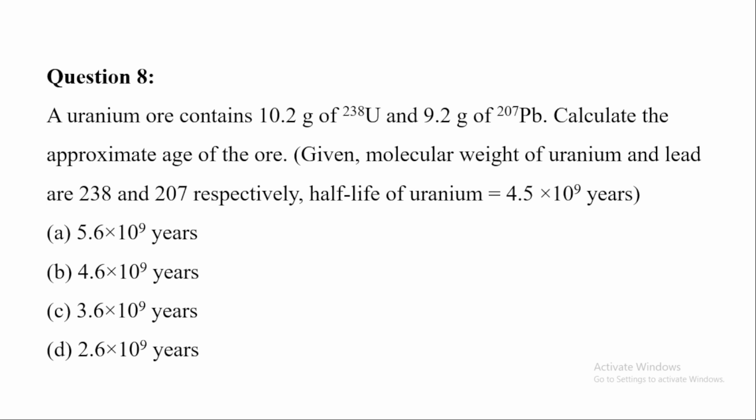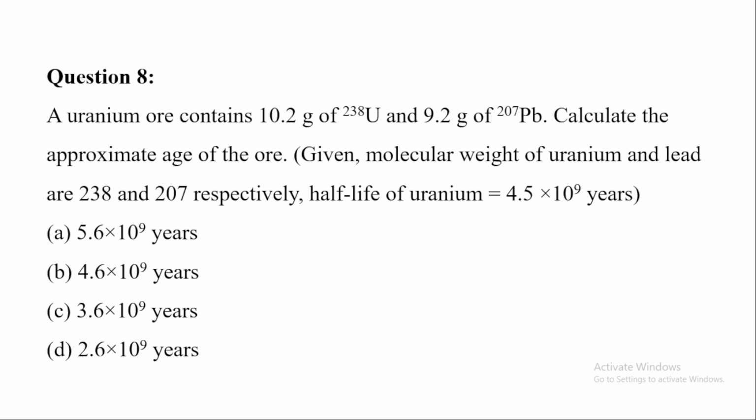So now in this question we have an ore in which uranium is present, and this uranium is getting decayed into lead. We have to calculate the age of the ore. At a particular time, the amount of uranium and lead is given.